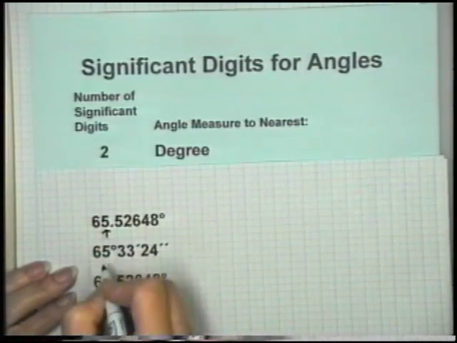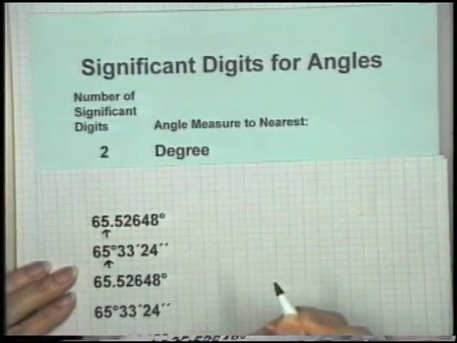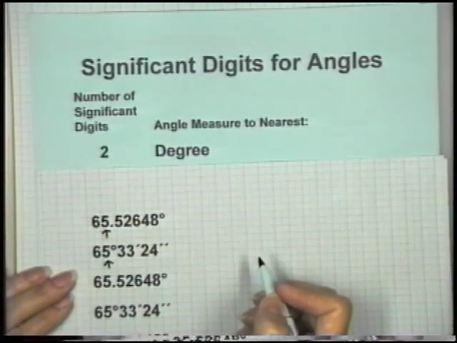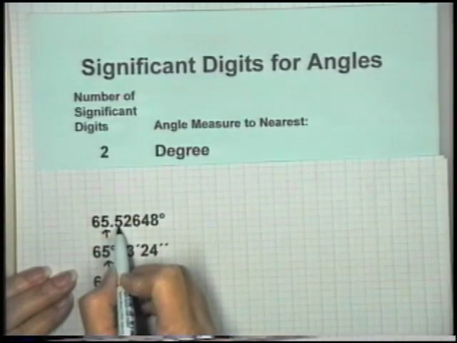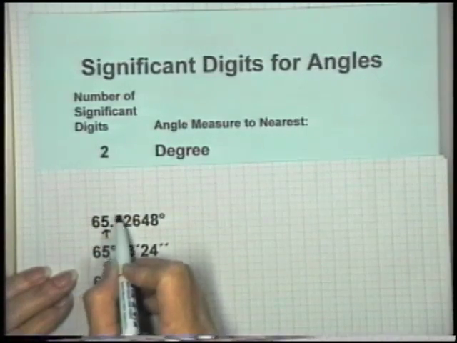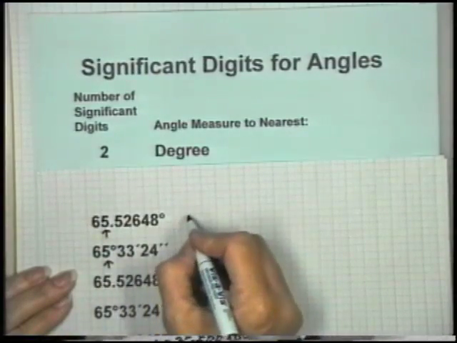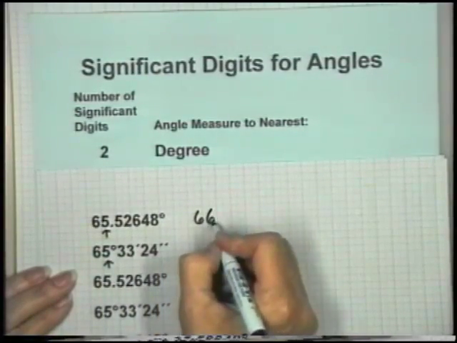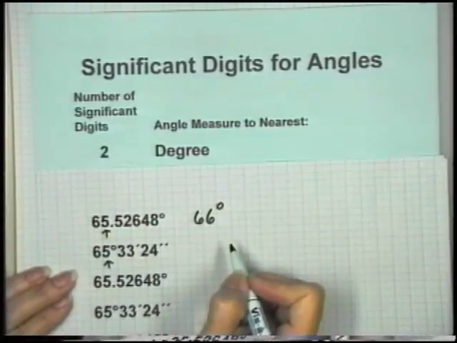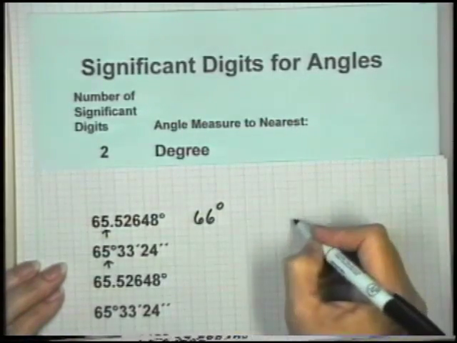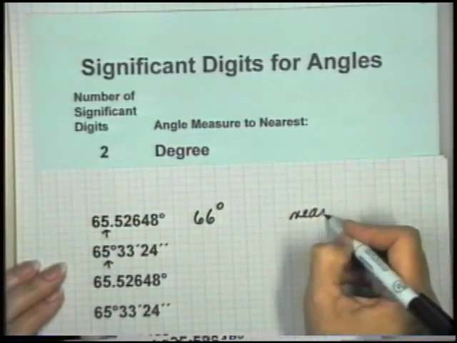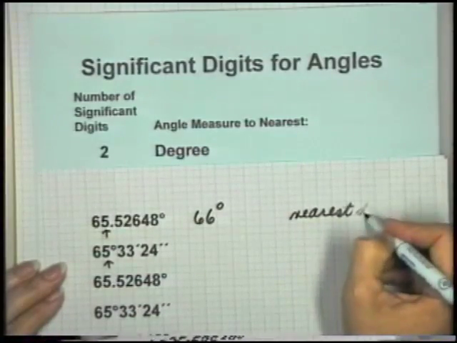And of course, in either one of these, the 5 represents the nearest degree, the nearest 1 degree. So we would look at this 5, and since it is a 5, that would tell us to add 1. So rounded, this would be 66 degrees to the nearest degree.